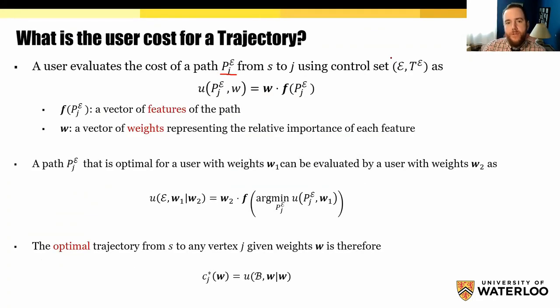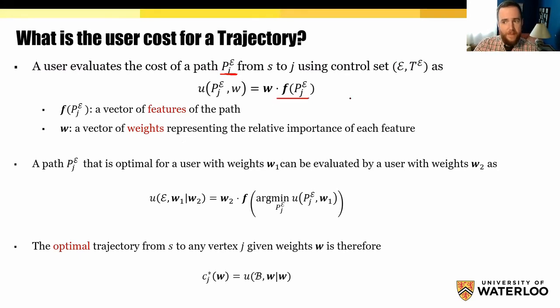Now hitherto we have assumed that the cost of trajectories is known. But if we wish to take into account the preferences of a user, then we need some way to allow the user to judge the cost of paths. We say that a user evaluates the cost of a path PJE, that is a path from S to J using edges only in E, as the linear combination of weights and features of that path.